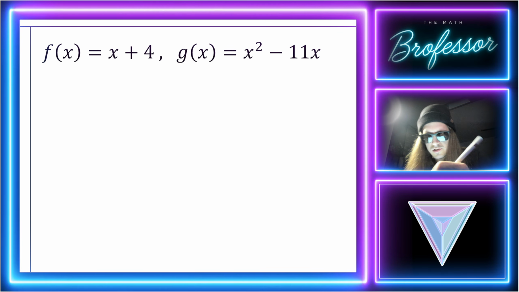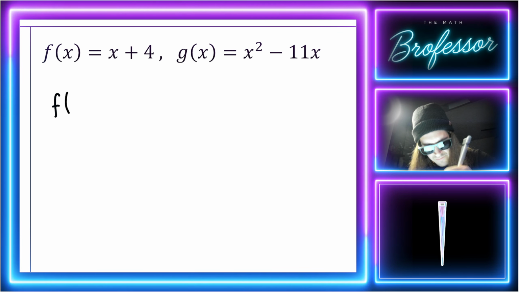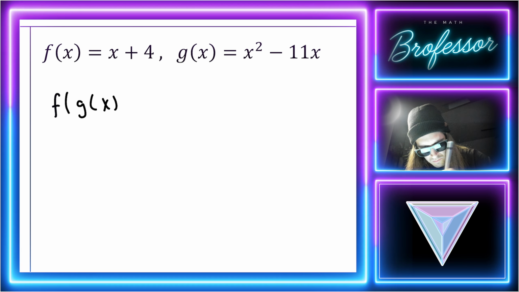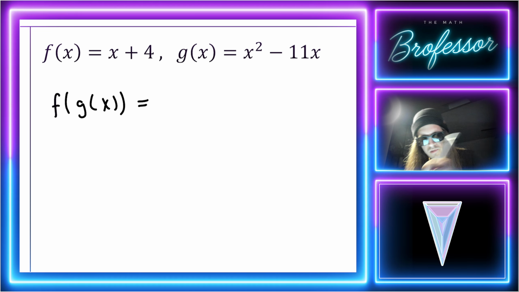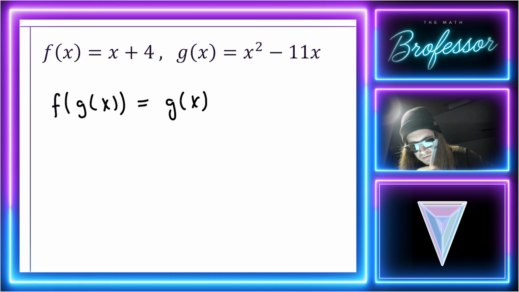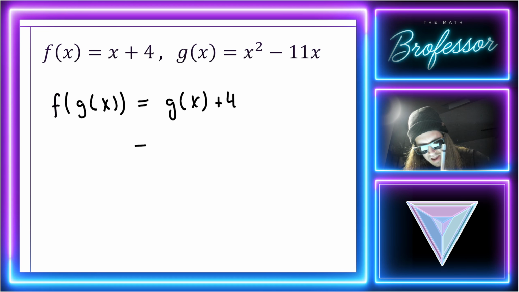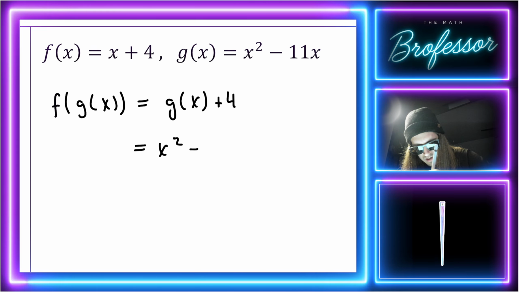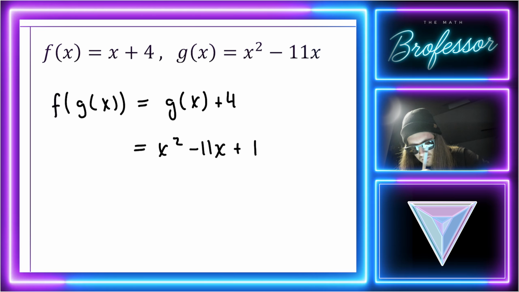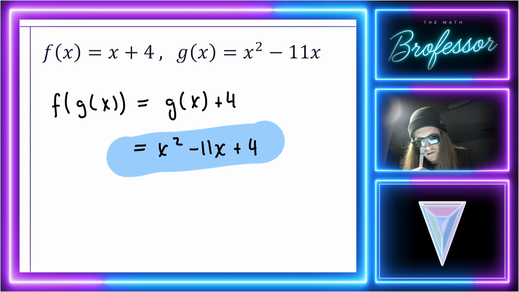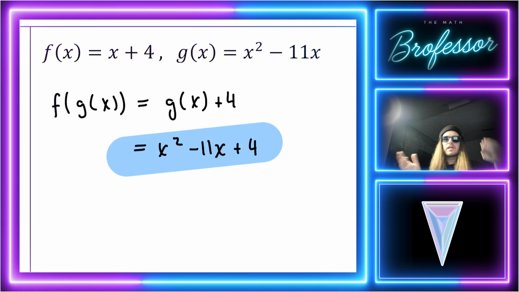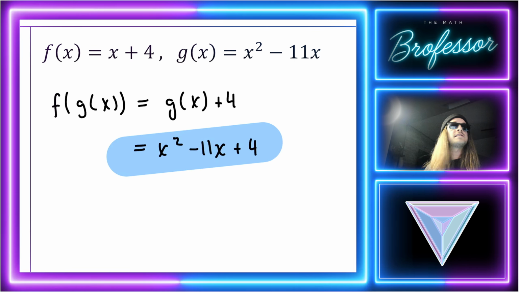All right. So, easy one here is f of g of x. This will be straightforward. That's just going to be g of x plus 4. G of x is x squared minus 11x plus 4. And that is it right there. So there's nothing that can be simplified, nothing that can be combined. That's it.